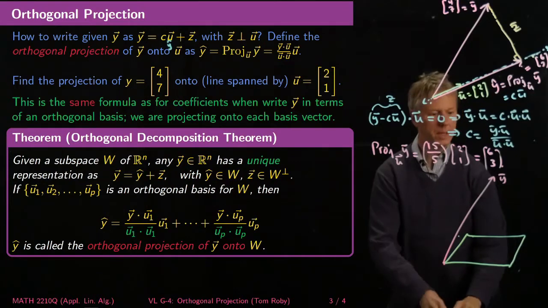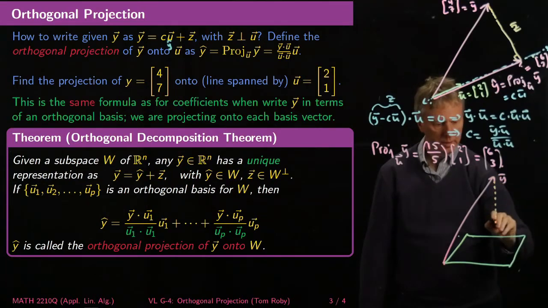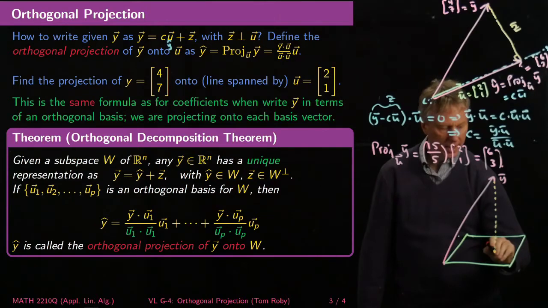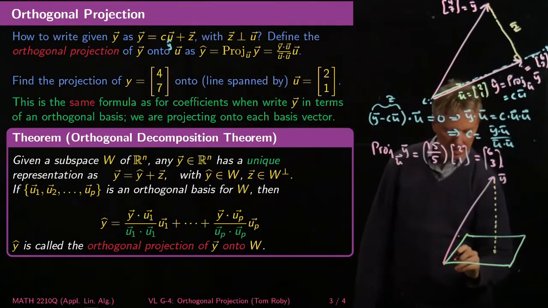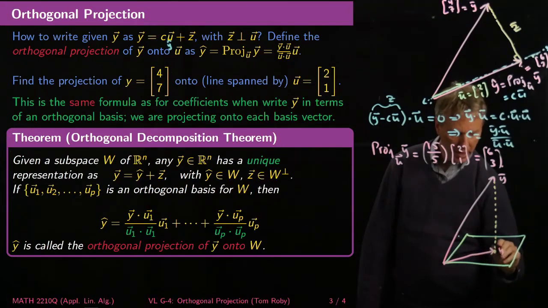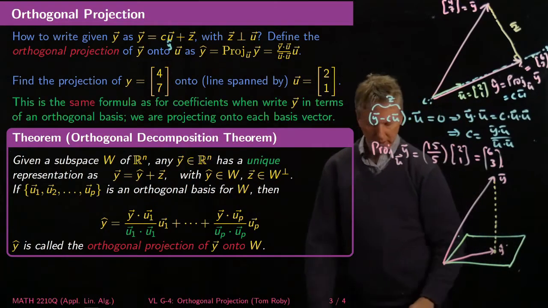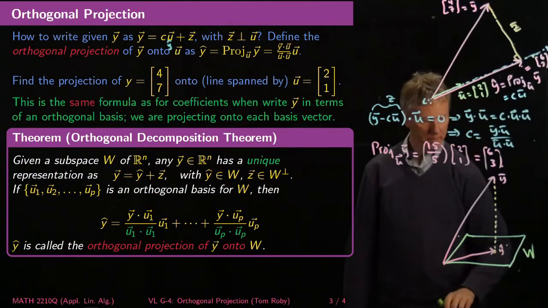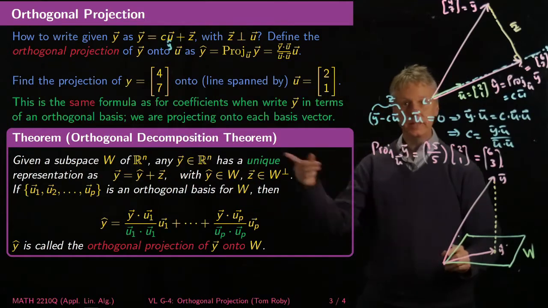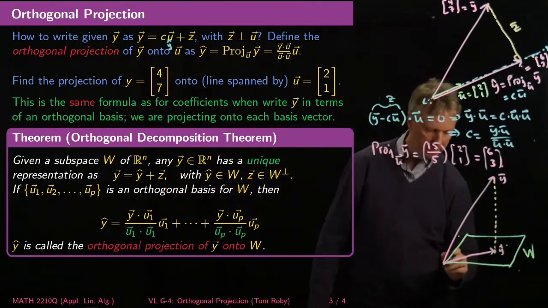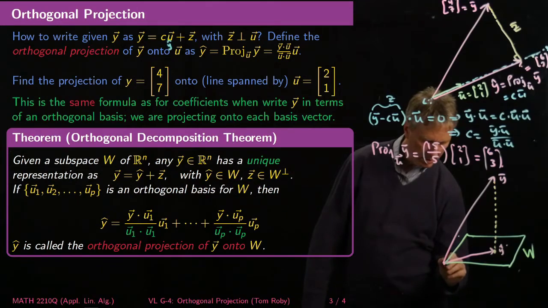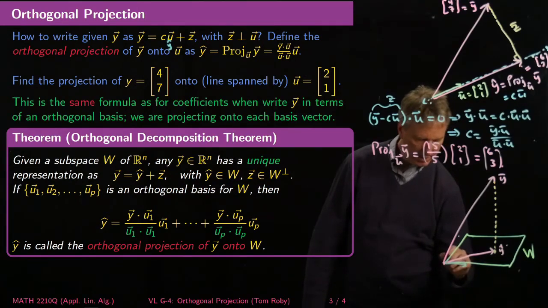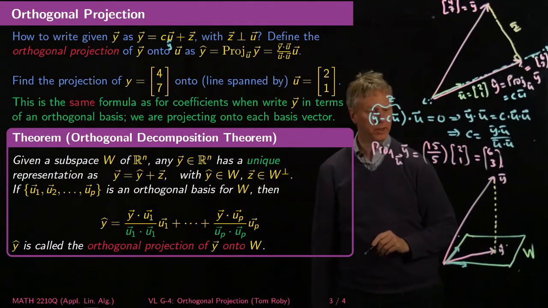And so I drop a perpendicular down to this plane, and I end up at that point here. So that means that this point, or this vector, if you want to think about it vectorially, is y hat. And what this theorem is saying is that if I have a basis, an orthogonal basis for W, so this is my subspace W, so that means that they're all mutually perpendicular, then I might think about that as being like these two vectors. They don't have to be the same length or anything, although they might be.